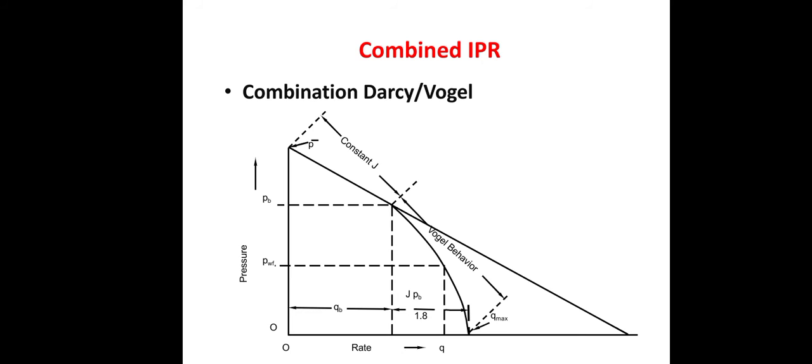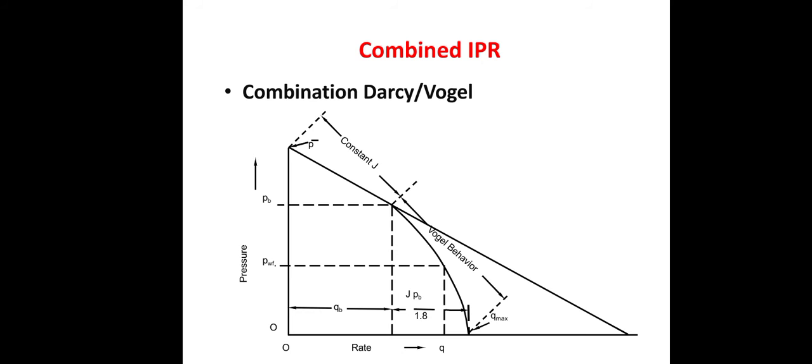You can see that at a certain point we have the P bubble and the Q bubble point. Once you have them, you start deviating, and you have the curve which has a parabolic shape. This is the Vogel behavior.